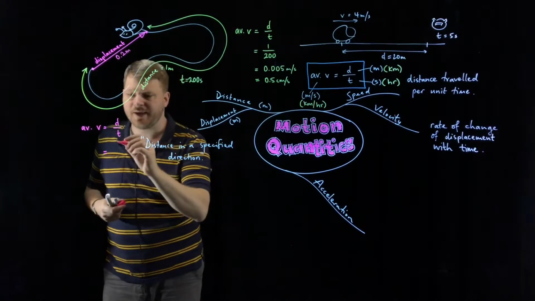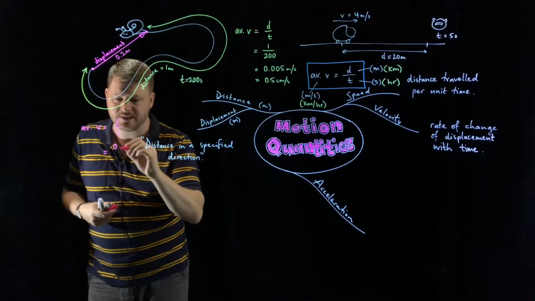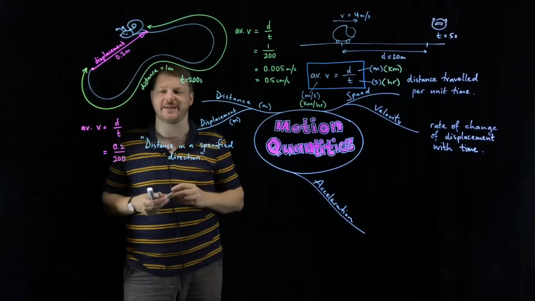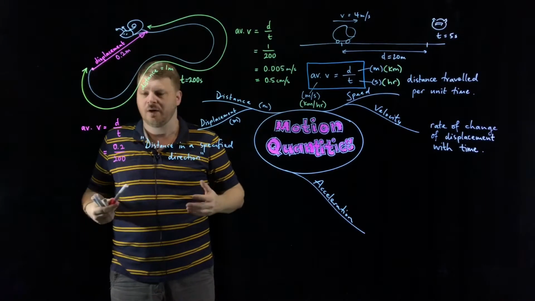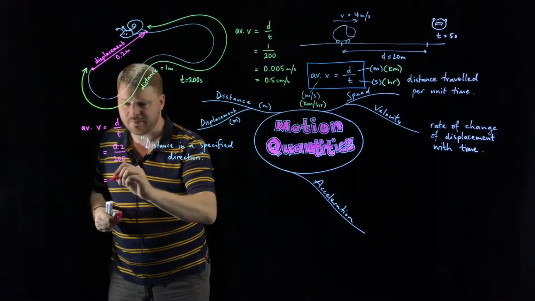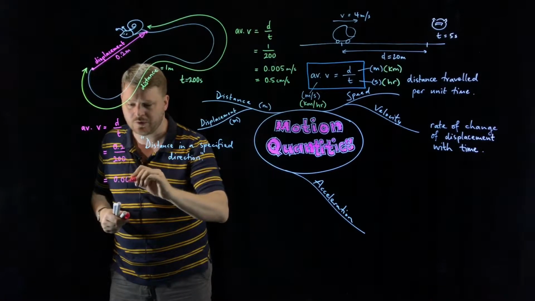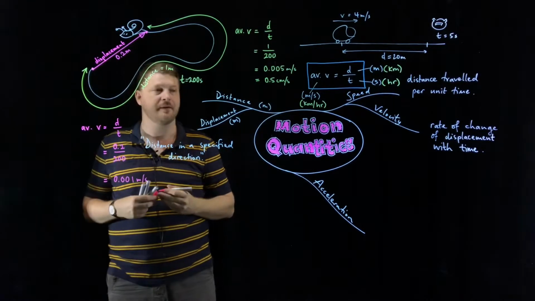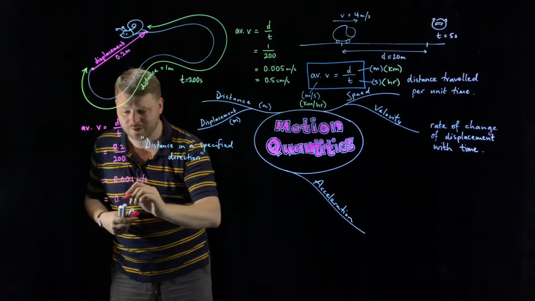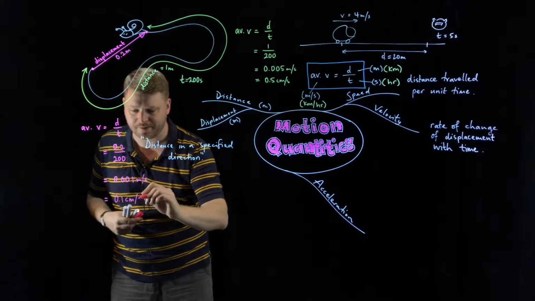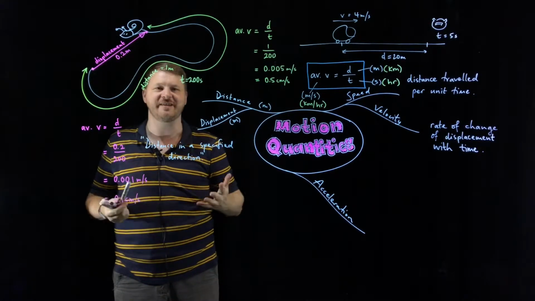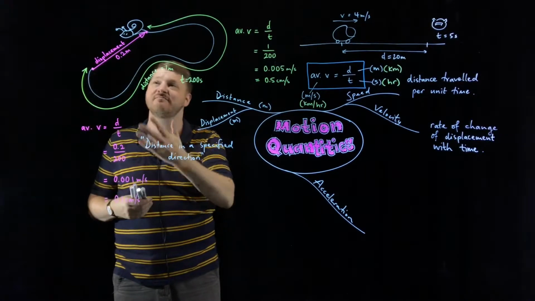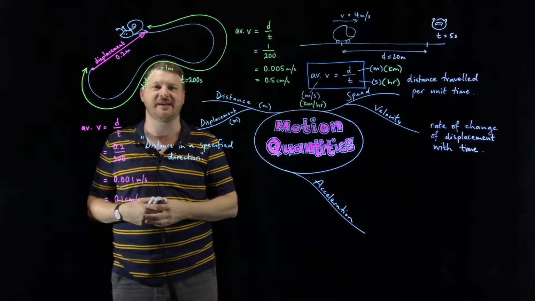So in here we would put 20 centimeters or 0.2, and we're going to divide that by 200 seconds again. Okay, so what do we get? Well, the answer is going to be 0.001 meters per second, which is 0.1 centimeters per second. Okay, and the direction of it is the same direction as the displacement, which I haven't expressed here, but we can see the direction from the arrow clearly.